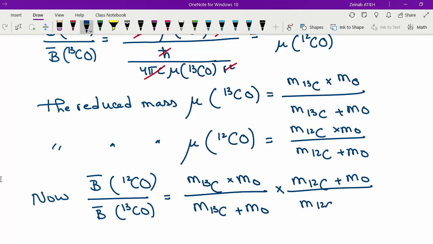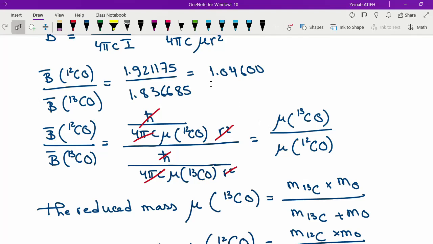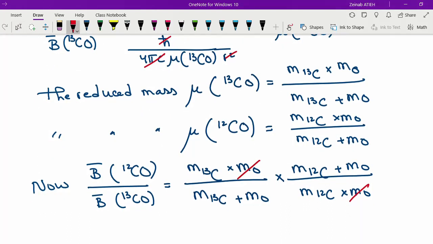So we can get rid of the mass of O from both sides. We know that the answer of this ratio is 1.046. We know the mass of O, we know the mass of C12, we know the ratio, we have to find the mass of C13.